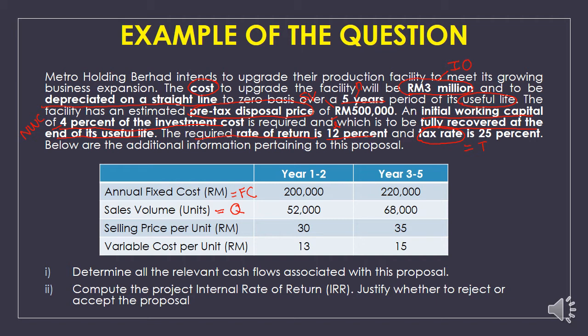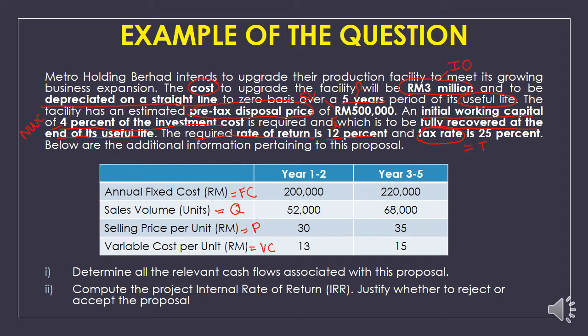And the next information is selling price per unit, represented by P. P for year 1 until year 2 is RM30, and for year 3 until year 5 is RM35. The last additional information is regarding variable cost per unit, represented by VC.